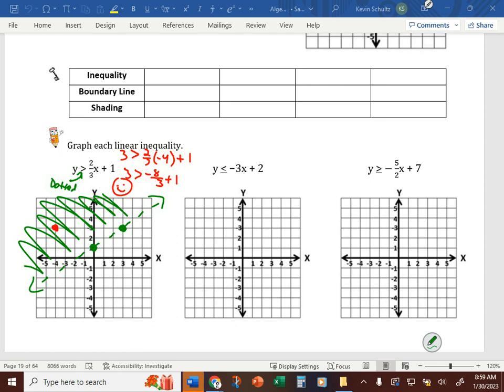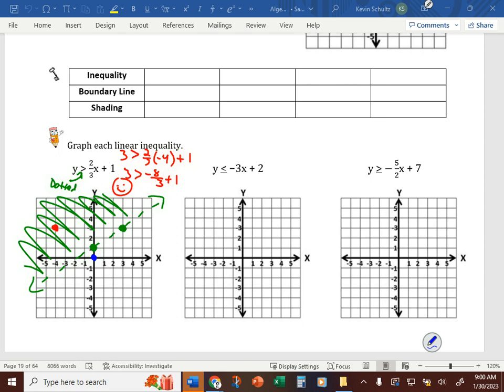In order to avoid those nasty fractions there, what's a smart ordered pair to pick and test? That you can usually pick every single time unless the line passes through this point. Well, what's a smart point to pick? 0, 0. 0 is an easy number to work with. We can see that 0, 0 is on the bottom side of this line here.